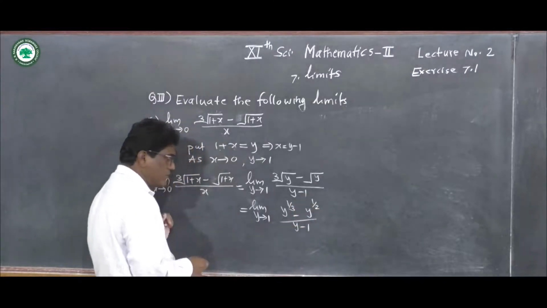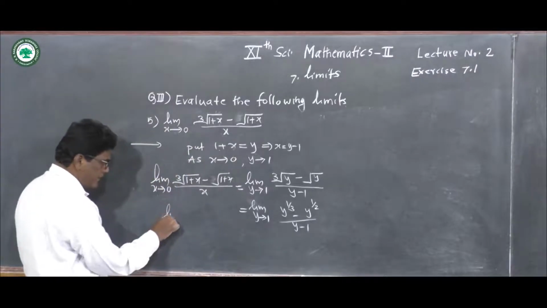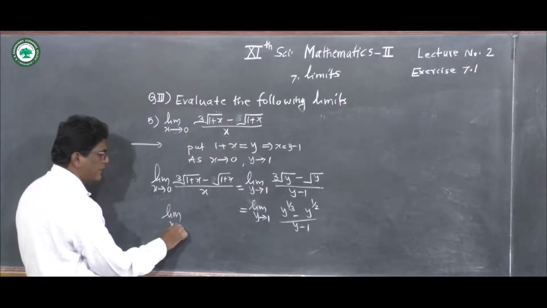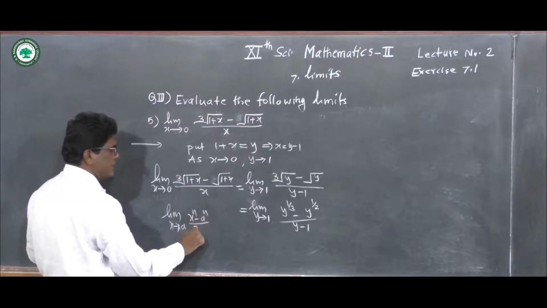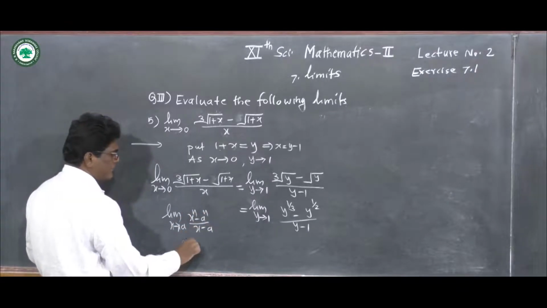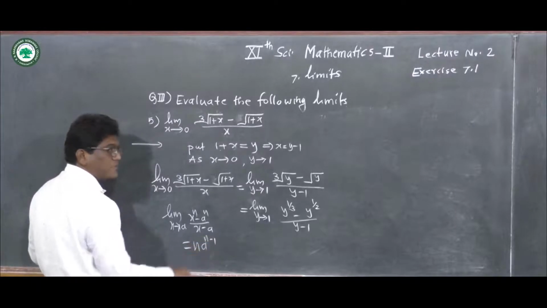And if we want to use the formula: limit x tends to a of x raised to n minus a raised to n, divided by x minus a, is equal to n into a to the power n minus 1. This is the formula.